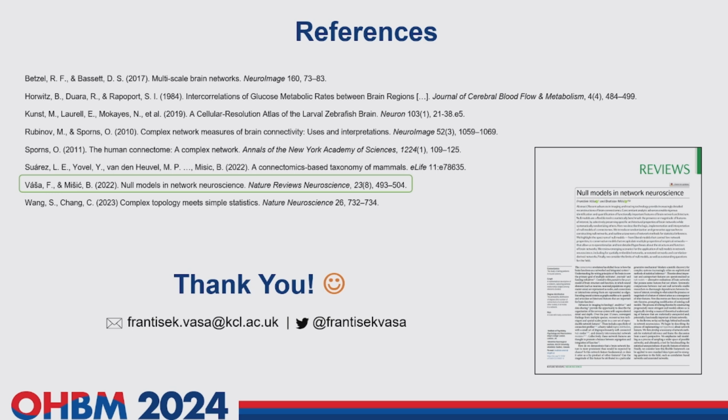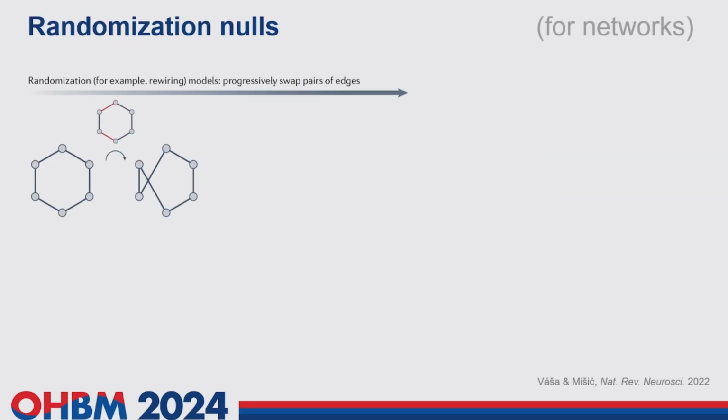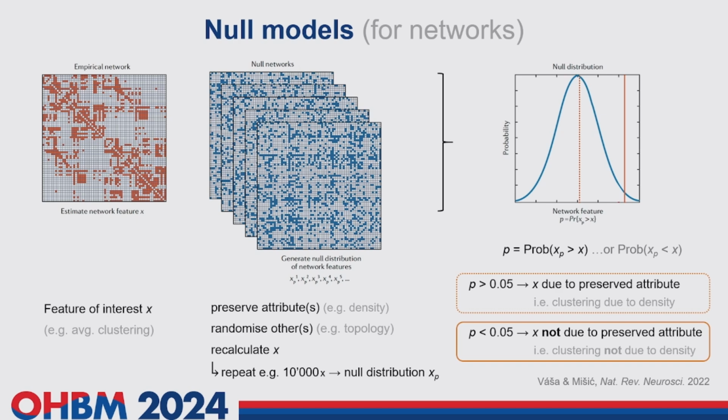Yeah, so in this case, for example, this specific example, where we have some empirical feature, the clustering of our empirical network, and then we're preserving some properties and randomizing others, I suppose the null hypothesis would be that our feature of interest, x, arises simply as a function of the density of the network.